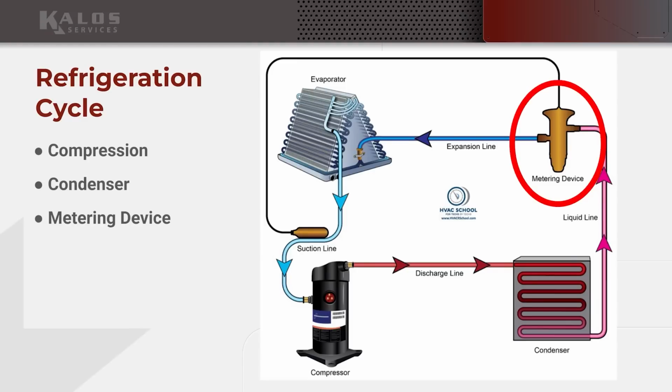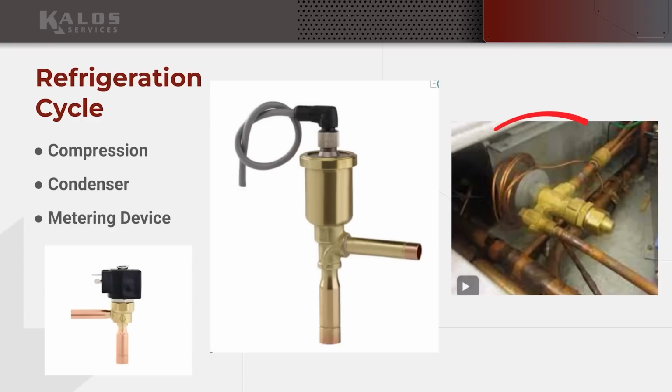All right, so I'm coming up on my metering device, and you guys probably recognize that. That little shadow of an expansion valve, right? That's what that is. Well, how about that, okay? It's an expansion valve. Inside each of those air handlers I showed you, my display cases, every one of them, every evaporator coil has got to have some type of metering device.